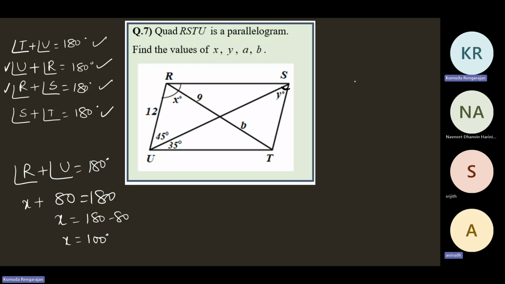Mention the parallel lines. RS, TU, and SU is the transversal?